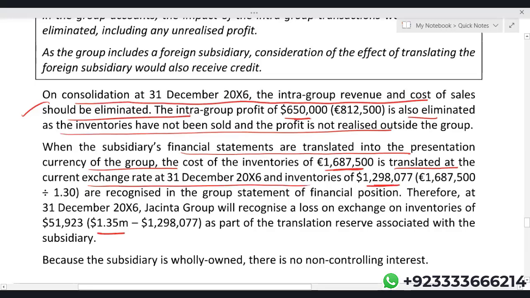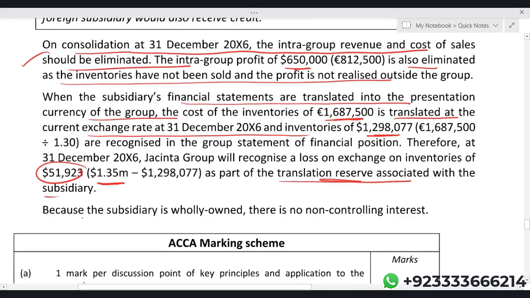Initially it was part of the translation reserve associated with this, so there will be a loss of 0.51923 million, or you can say 0.051, which we have calculated. Because the subsidiary is wholly owned, there is no non-controlling interest.